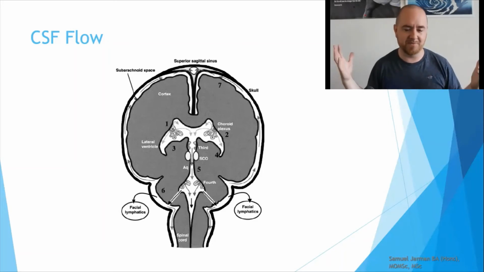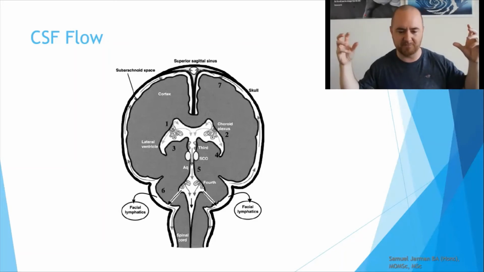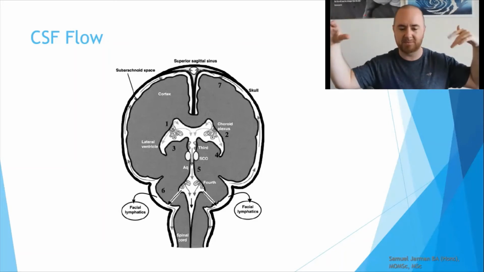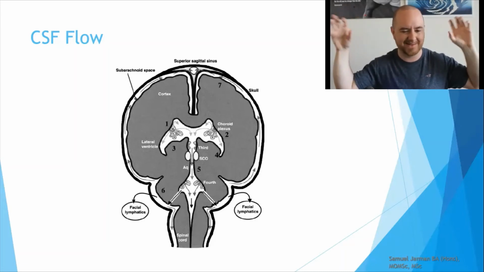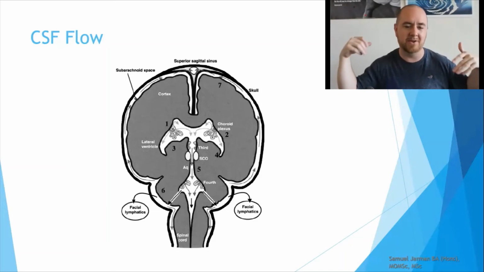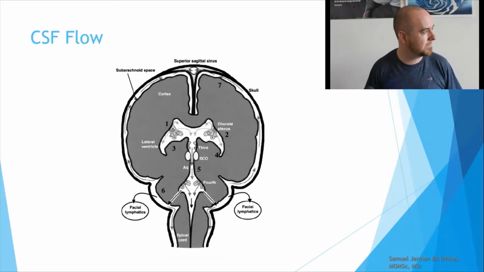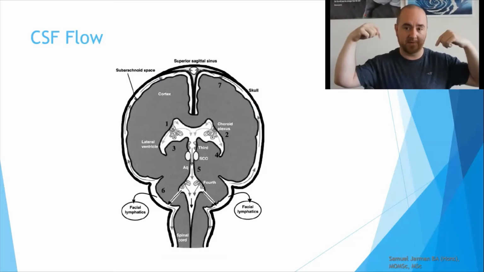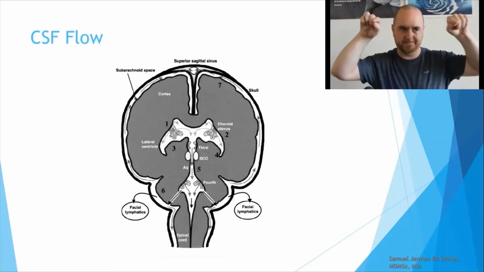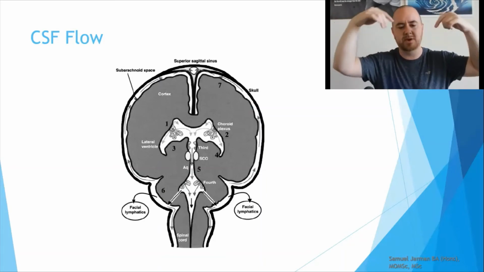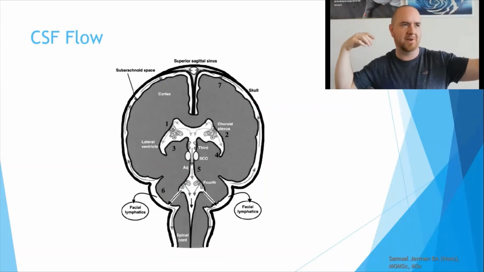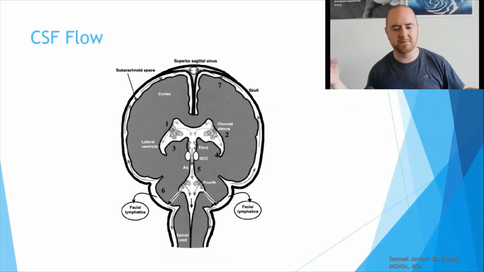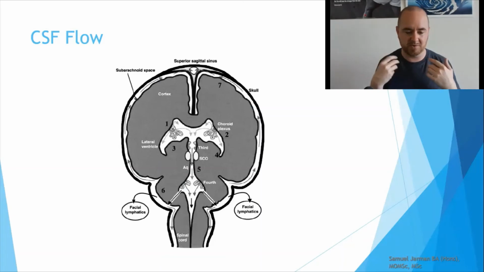Then you have your ventricular system, you have your lateral ventricles, the choroid plexus is where the cerebrospinal fluid is more or less generated. There's some relationship to the arachnoid villi, but you're going to have your lateral ventricles, so that's kind of 1 and 2, because there's 2 of them. Then you have the third ventricle, you'll have the foramen of Monro, the aqueduct of Sylvius, you'll have the fourth ventricle, right?